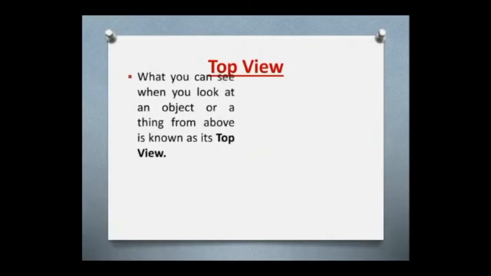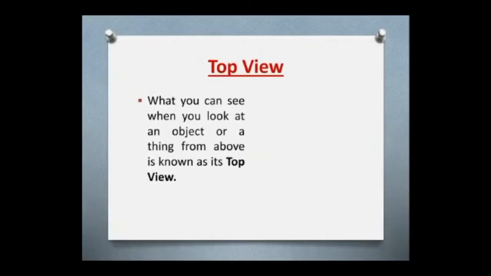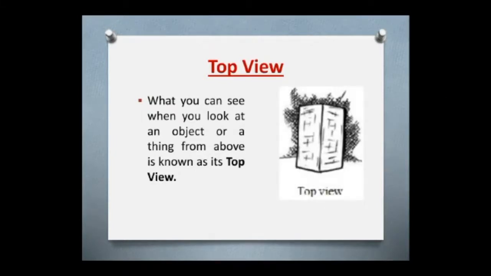First one is top view. What you can see when you look at an object or a thing from above is known as its top view. Here in this picture, you can see the top view of a hut which I showed you in the previous slide.